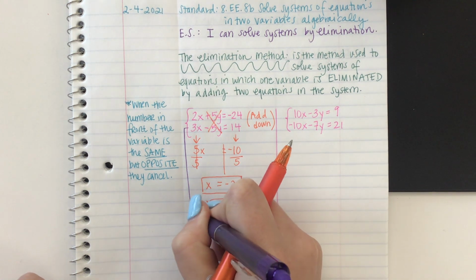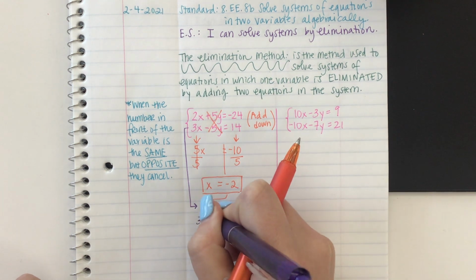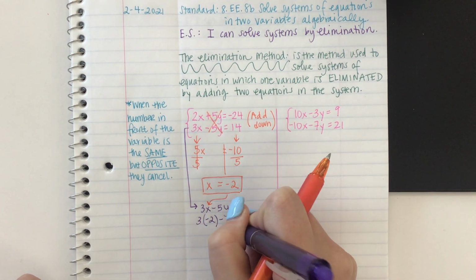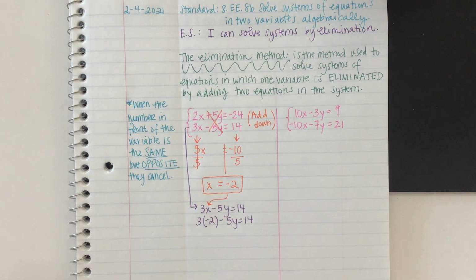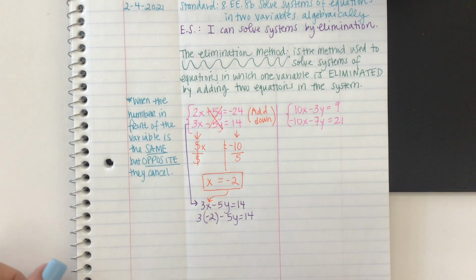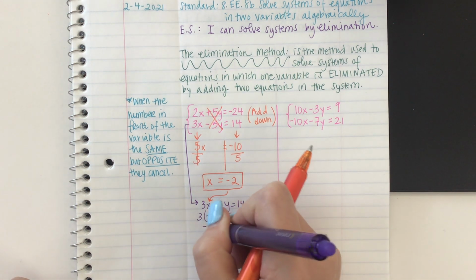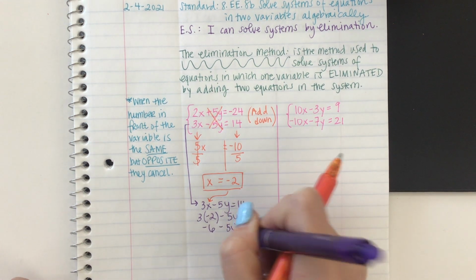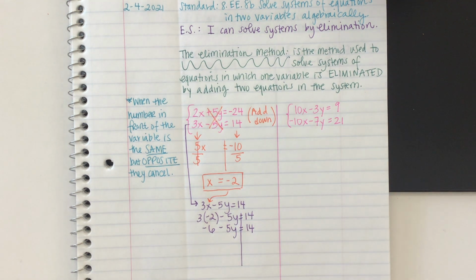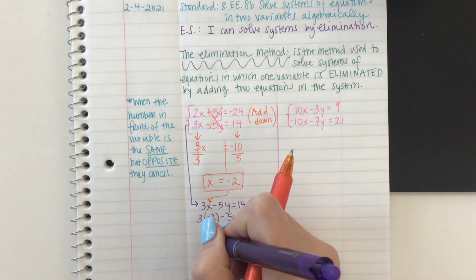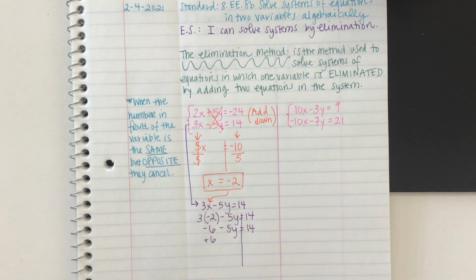So when I rewrite this, I have 3 times negative 2 minus 5y is equal to 14. And then this just becomes an equation. So 3 times negative 2 is negative 6 minus 5y is equal to 14. And now this is a two-step equation where you find the side with the variable, find the number not attached to the variable, and perform the opposite operation.